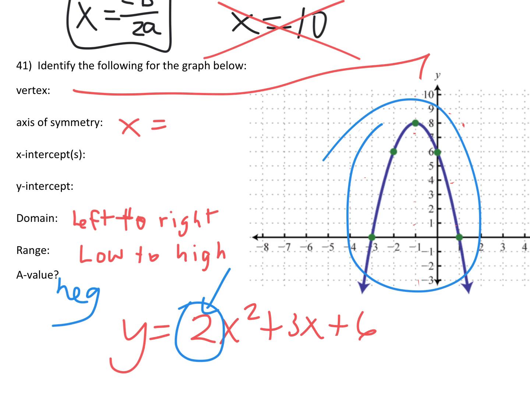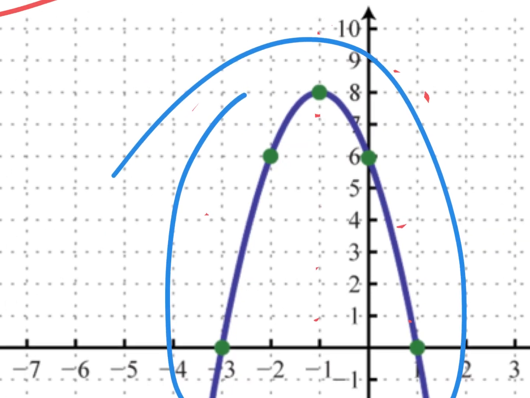You don't have to know exactly what the a value is. Technically, it's a negative something, like a -2. In this case, it'd be a -2 because you go over and then you go 2 spots instead of just 1. But the main thing is that the a value is negative. That's all I care that you know. So that this is upside down.